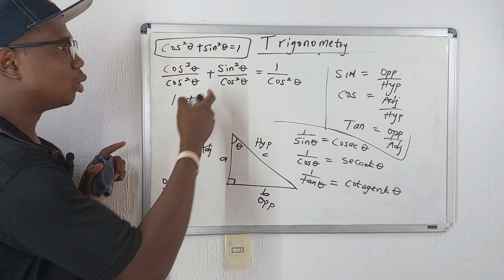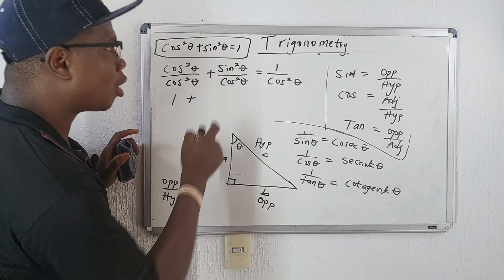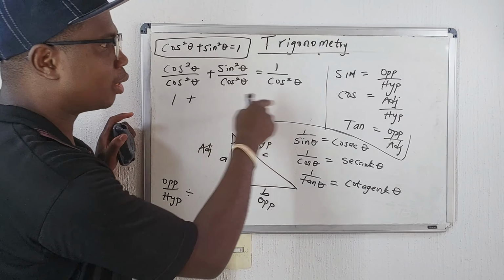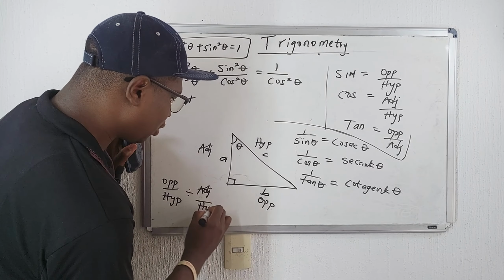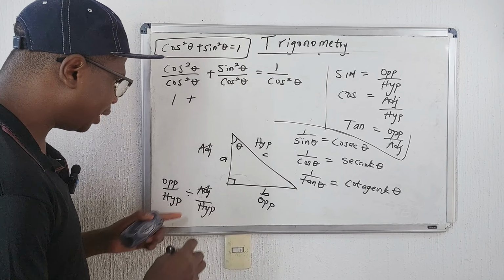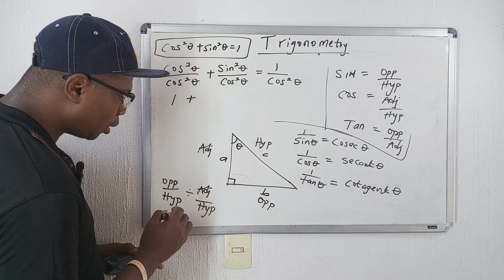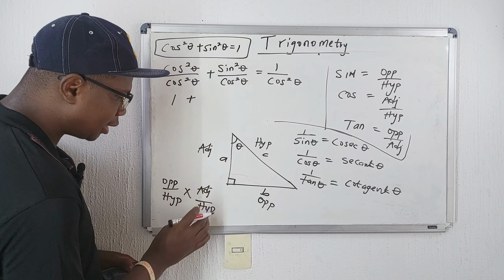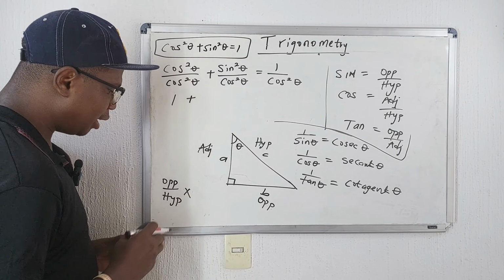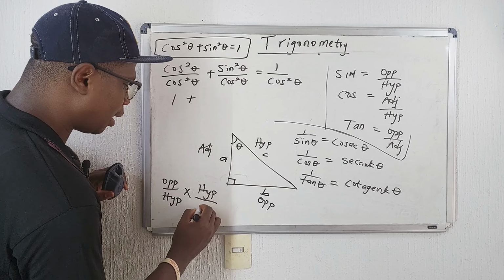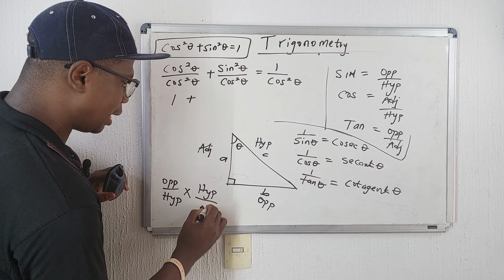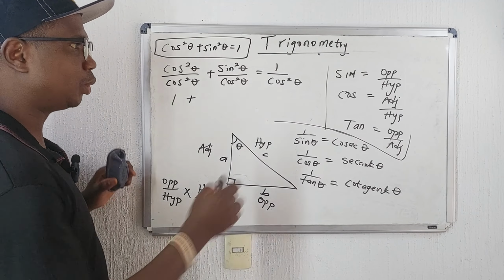Then, divided by cos theta, which is adjacent over hypotenuse. Now, how do we simplify this? The division changes to times, and this can what? Invert and become hypotenuse over adjacent.